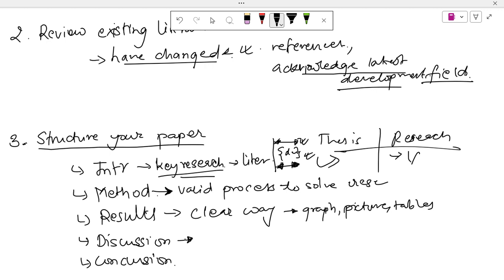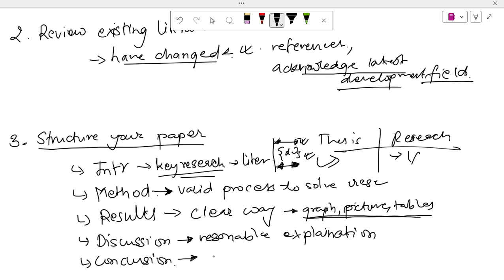In the discussion section you will discuss why your results are so, and you will try to give a reasonable explanation behind the result, what discrepancies you faced, and what you are inferring by looking at the graphs, pictures, the tables that you got.